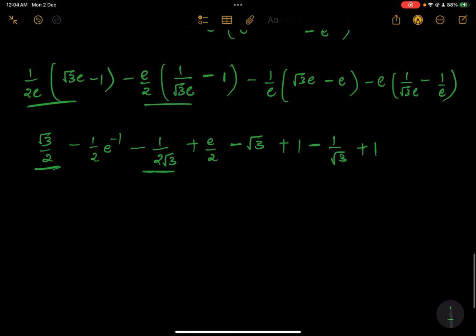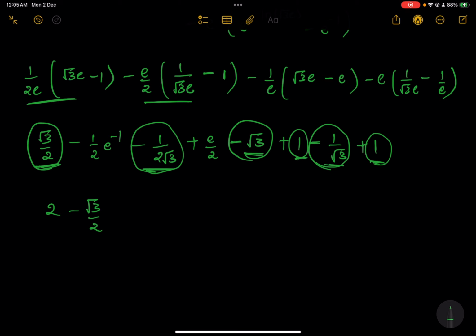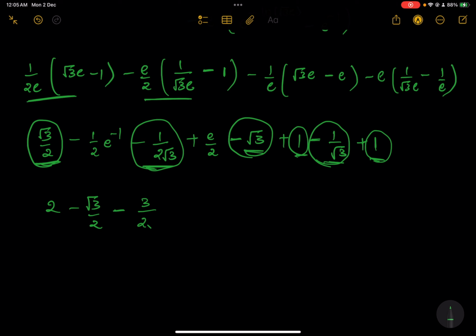Okay, let us add up these terms. 1 plus 1, 2, root 3 by 2 minus root 3. So minus root 3 by 2 minus 1 by 2 root 3 minus 1 by root 3. So that will be 2 root 3. So this is plus e by 2 minus e inverse by 2.